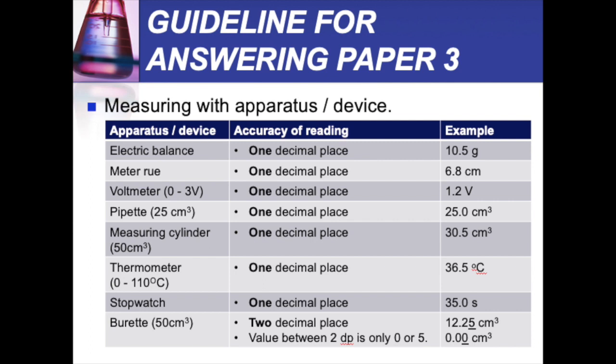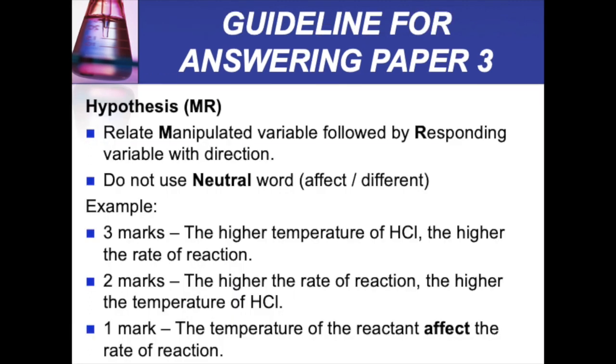If you are given 0 cm cube, don't just put down 0. Write down 0.00, because the accuracy of the burette is 2 decimal places. When you put in the wrong decimal place, they will deduct your marks. So it's not worth losing marks just because of a careless mistake in accuracy. Okay, now let's move on.